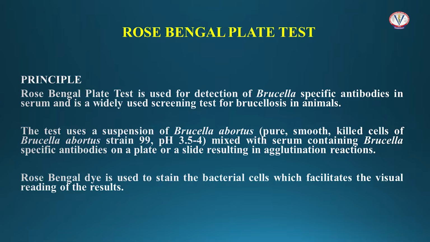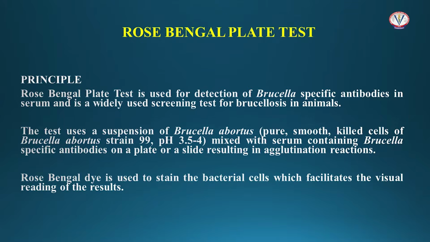The test uses a suspension of Brucella abortus, that is pure, smooth, killed cells of Brucella abortus strain 99 with pH 3.5 to 4 mixed with serum containing Brucella specific antibodies on a plate or a slide, resulting in agglutination reactions.